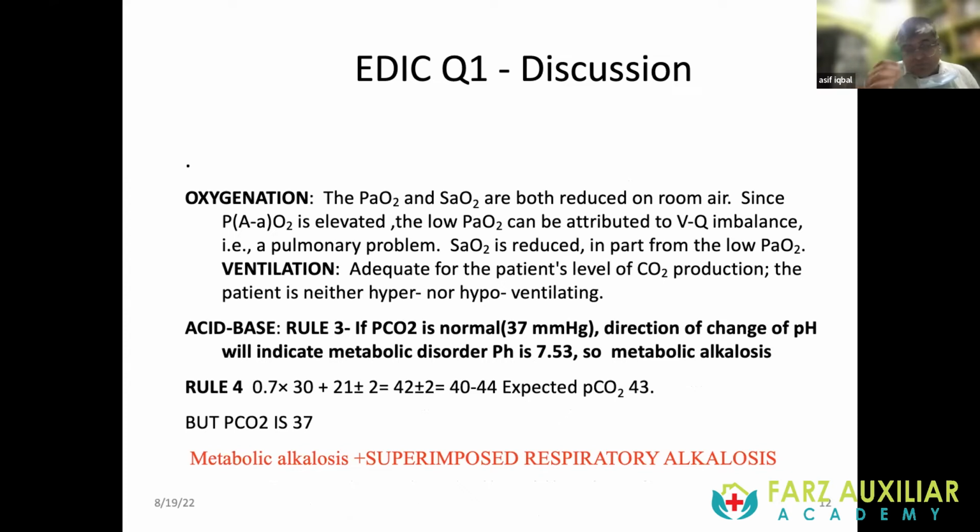If it is a metabolic alkalosis, then 0.7 into bicarbonate plus 21 plus minus 2. So expected is 43, but PaCO2 is 37. So here metabolic alkalosis is superimposed on respiratory alkalosis.